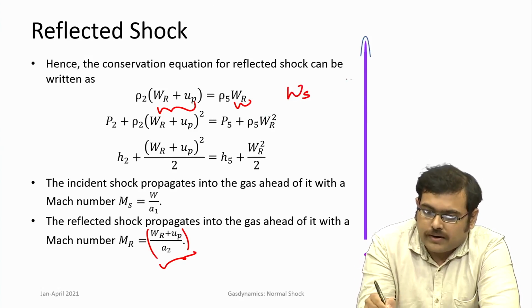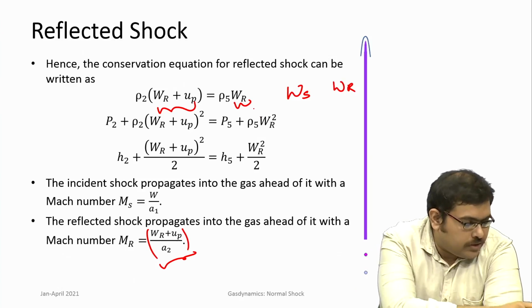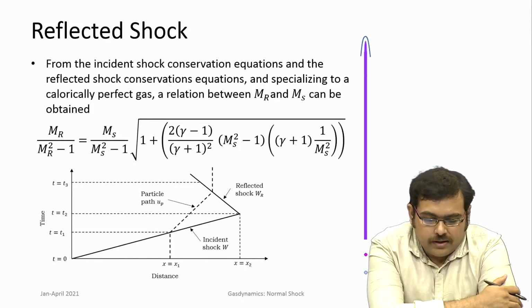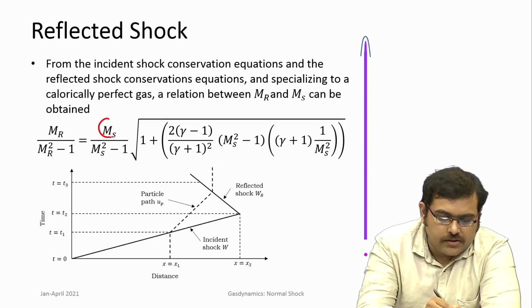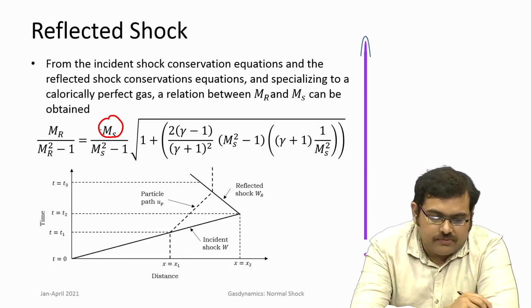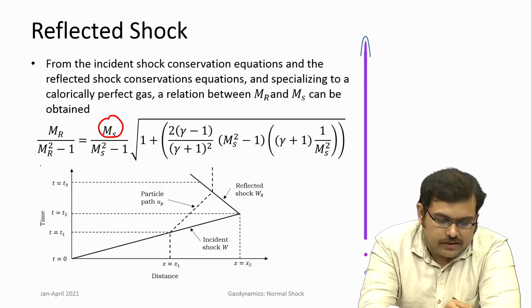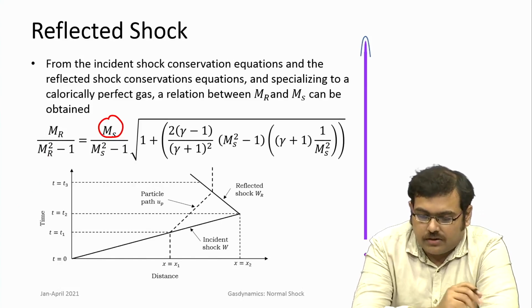The Wr and Ws can be related to each other, and one can express the reflected shock completely in terms of the incident shock Mach number itself. So, this is a single relation which relates reflected shock wave with that of the incident shock wave.